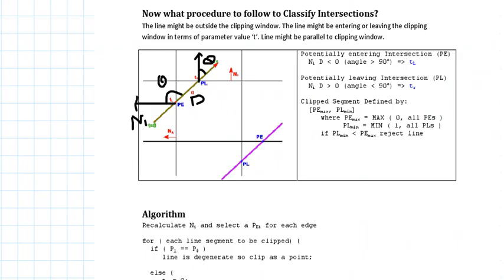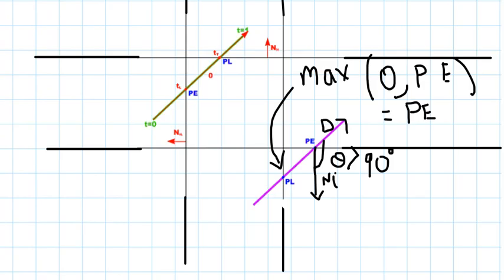Again, you have to find out another variable called PL min, which is the minimum of 1 and all PLs. In this case, it is your PL.